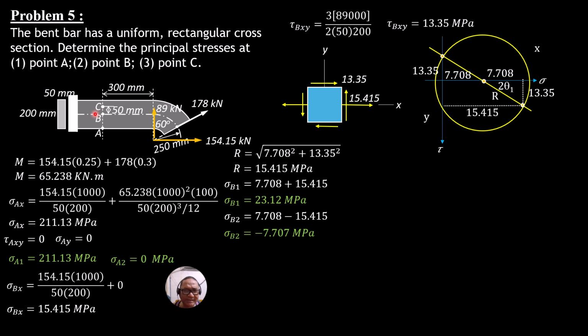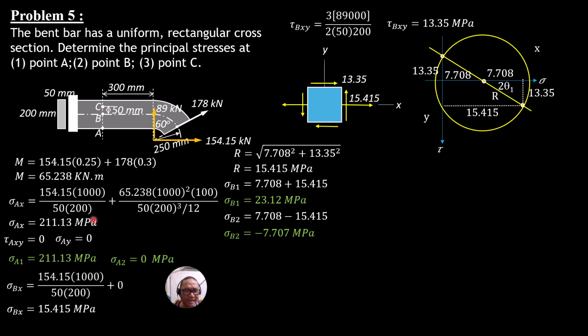So for point C, the effect would be axial, which is 154.15 times 1000 over 50 times 200, and bending moment. But because C is above, the effect there is compression.